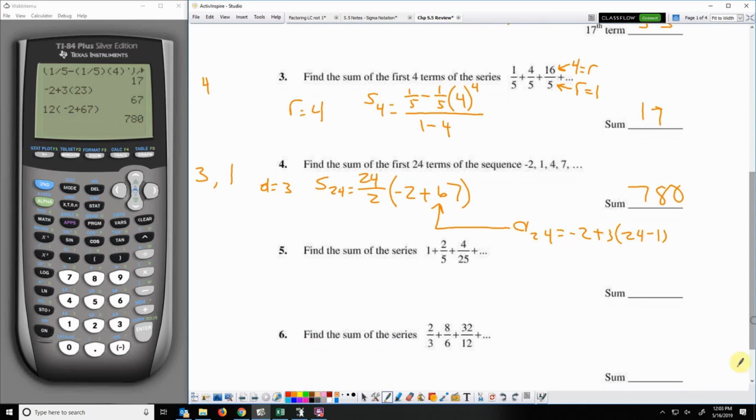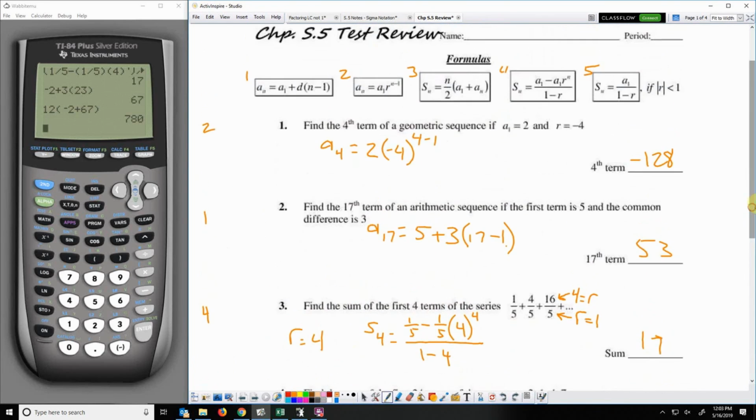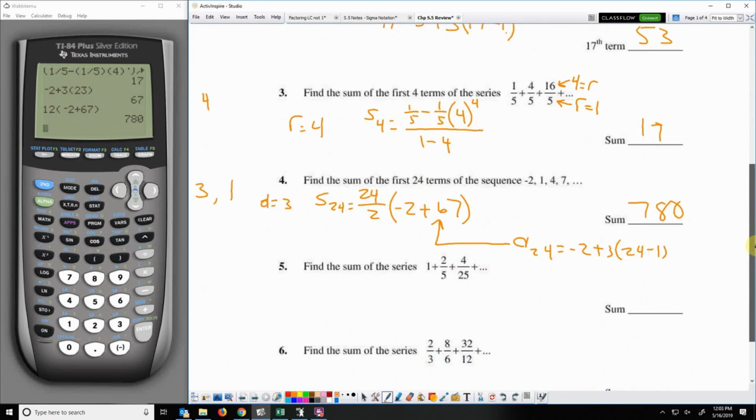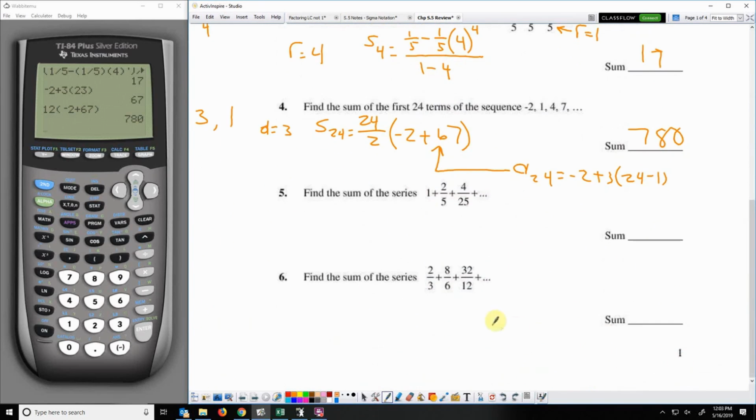Sum of the series, and that's for 5 and 6 both. Sum of an infinite series is formula 5, first term over 1 minus r, but only if there is an r that has an absolute value less than 1. Okay, so here it looks like the numerator is being doubled, so r is 2. Down here, we're multiplying by 5. Okay, so r is 2/5.